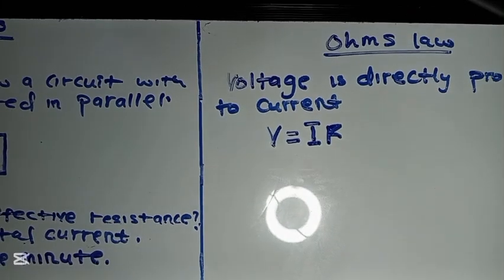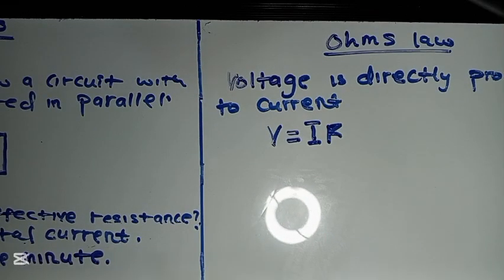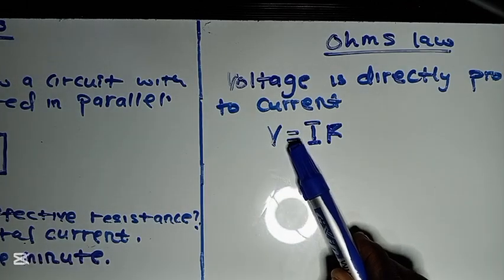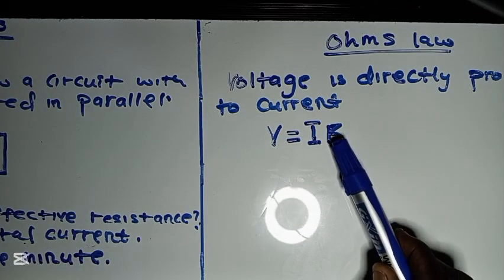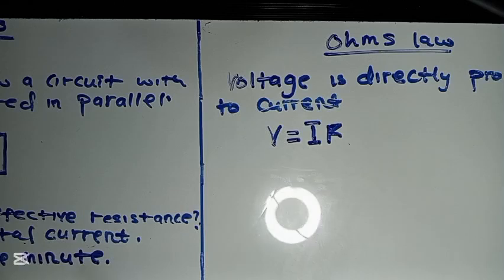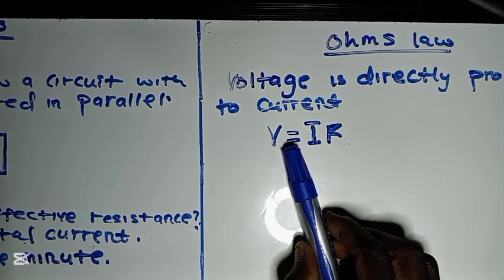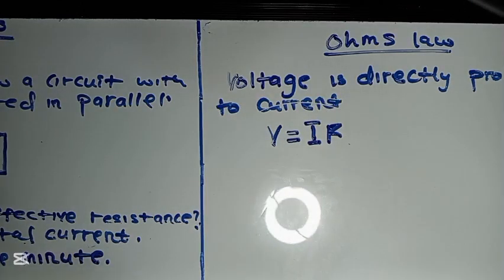So that is the Ohm's law formula: voltage is equal to current times resistance. You can memorize this and say V equals I R.